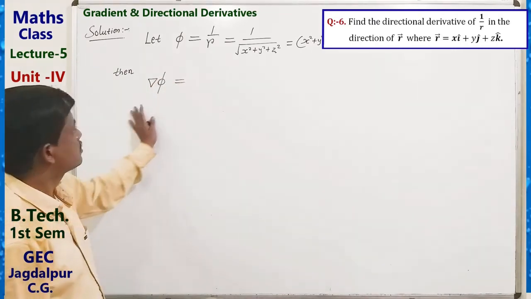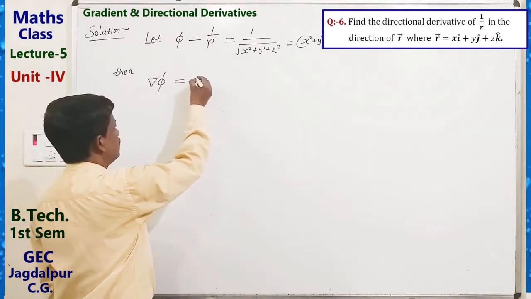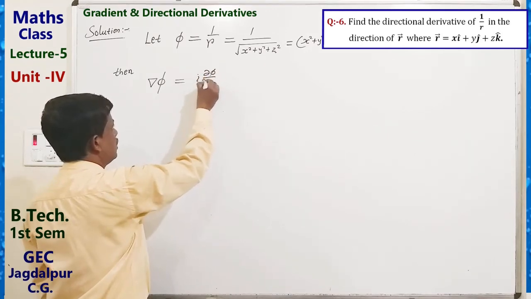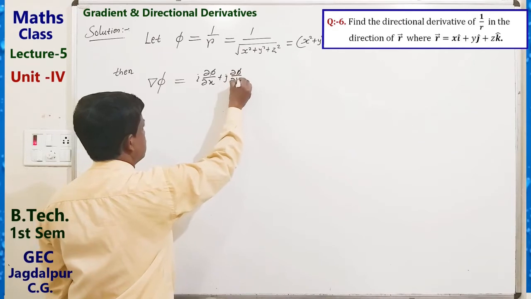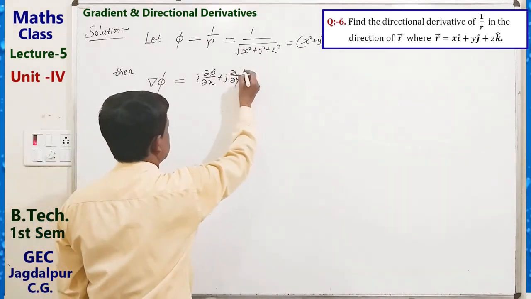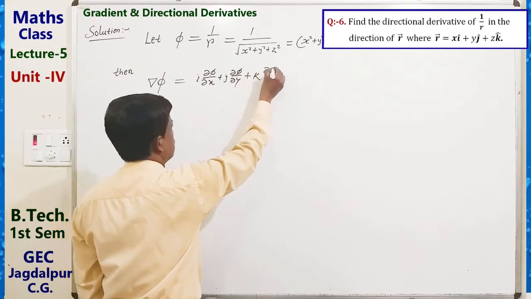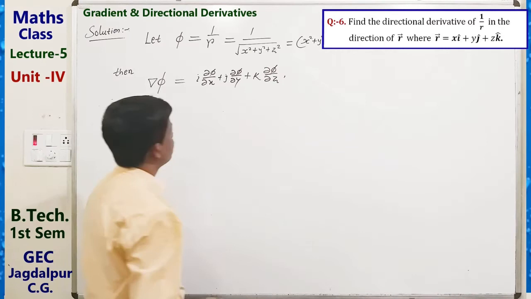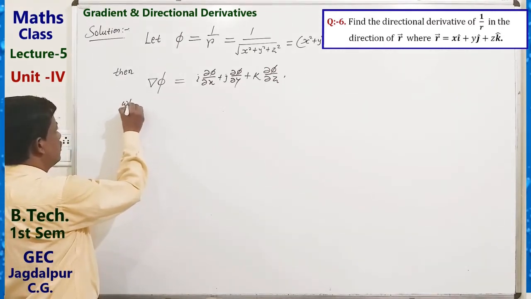So del phi equals i del phi by del x plus j del phi by del y plus k del phi by del z, where phi equals this.